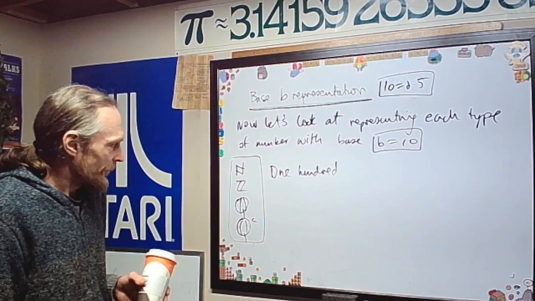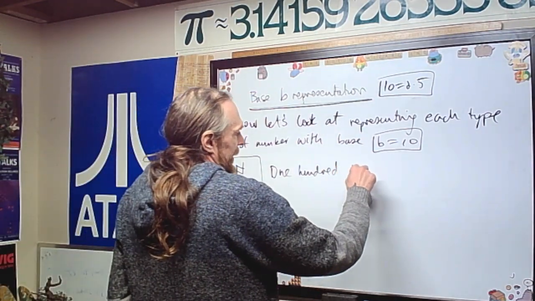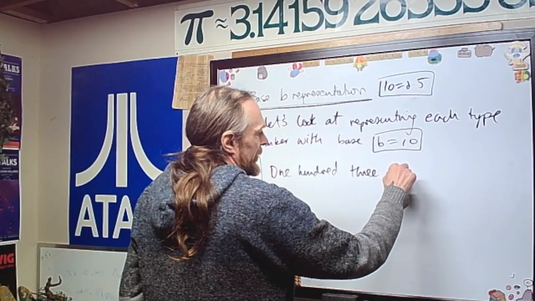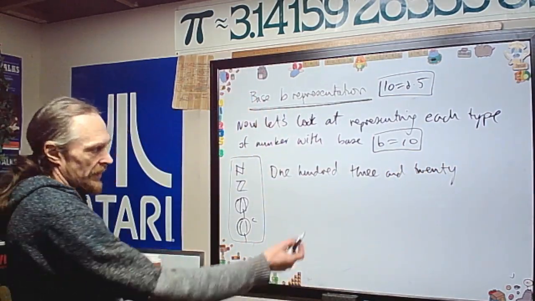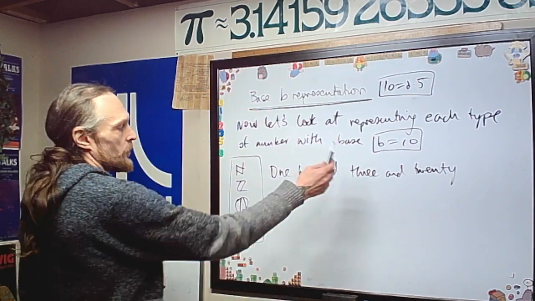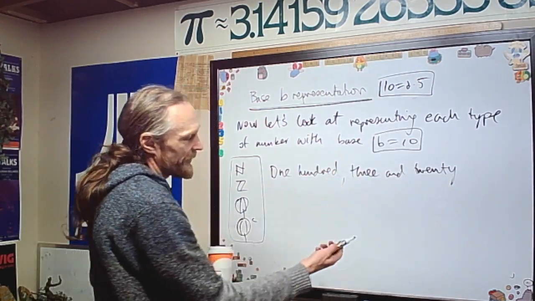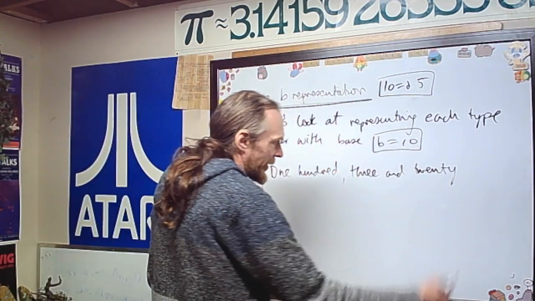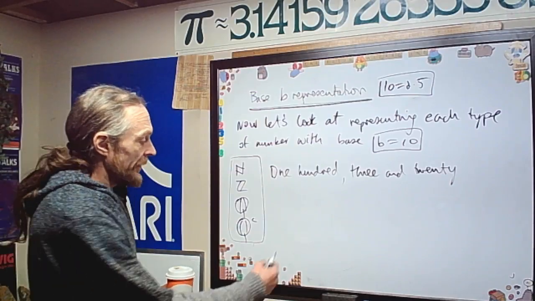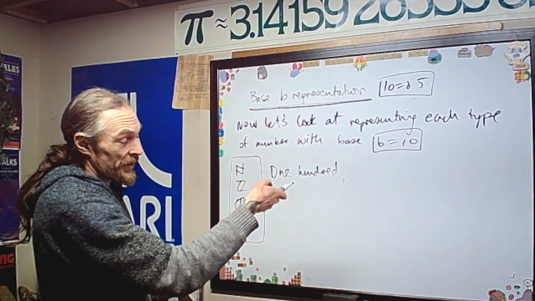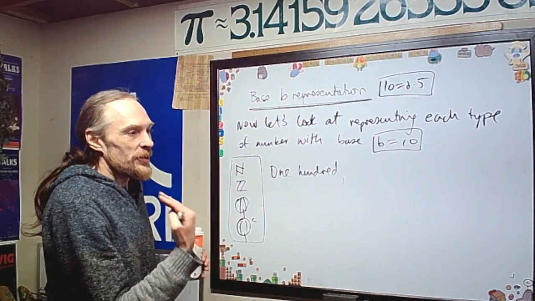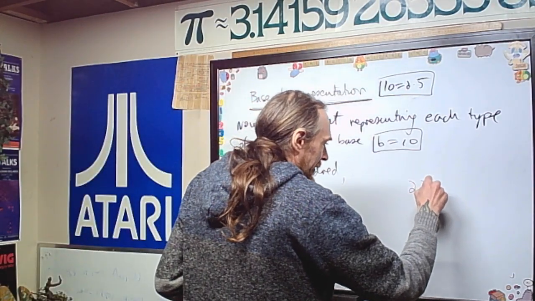In German, I like it better, 3 and 20. They would say 3 and 20, and we've shortened it to say 123. In the German, it's backwards a little bit, but in the German, it's the remnants of them doing it the correct order.